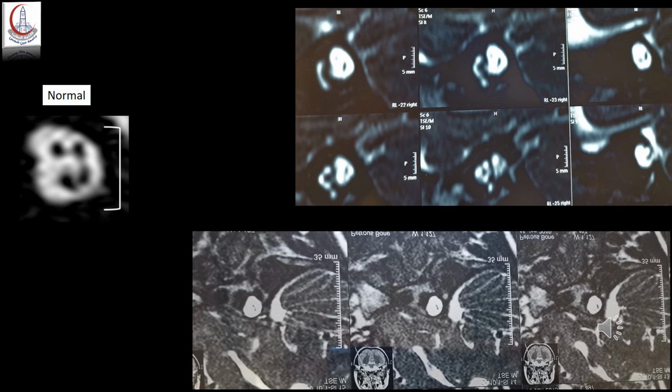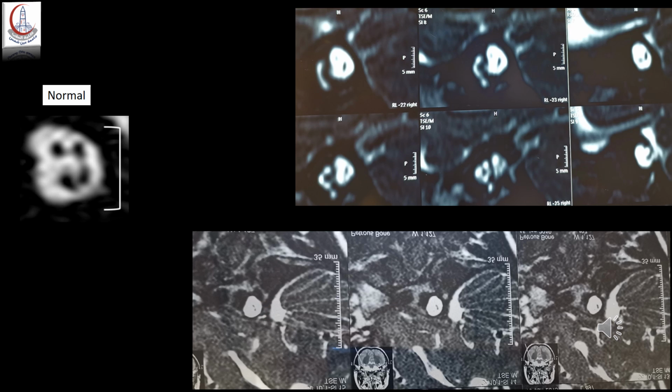Looking at the MRI on the left side, you can see we have this normal 4-nerve configuration. But if we look at the MRI on the right side, you can see that there is something amiss. We don't see the 4-nerve configuration. We barely see only 2 nerves. And as I mentioned previously, when we have a nerve absent, this is usually the cochlear nerve, which is absent, and we have the facial nerve and the vestibular nerve only.